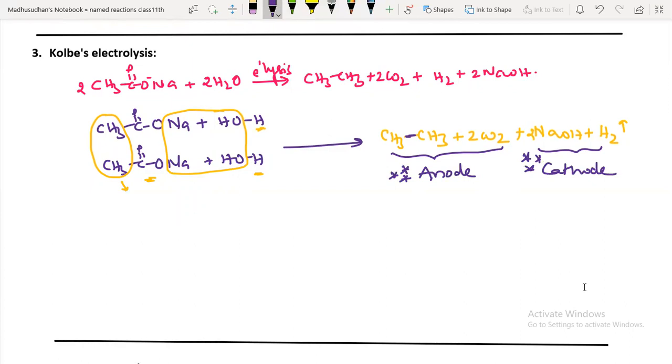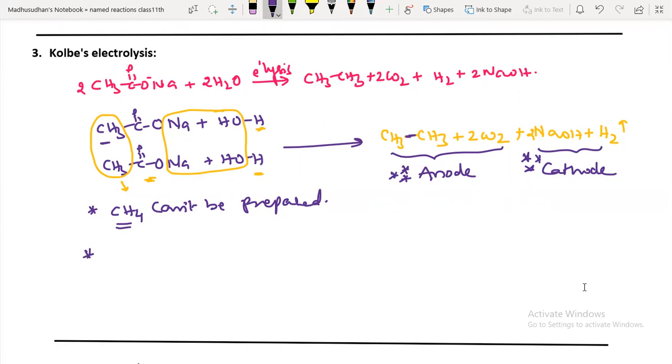In this Kolbe's electrolysis method, methane CH4 cannot be prepared by this method. Because if you start with one methyl containing salt, you are always getting 2. So the simplest hydrocarbon CH4 cannot be prepared by this method.